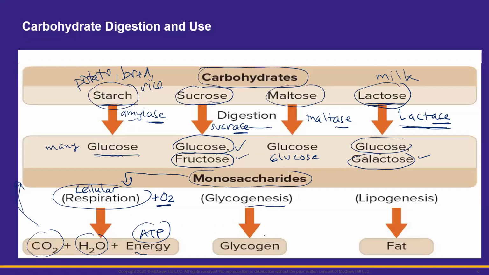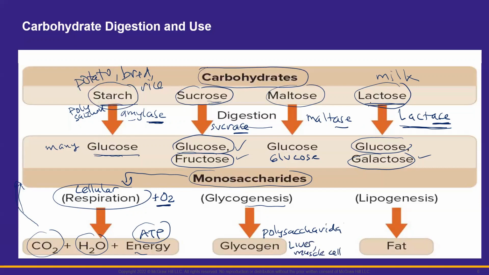So glycogen is actually a polysaccharide. Starch is a polysaccharide, especially in plants. Glycogen is the polysaccharide in animals, usually in liver and muscle cells.